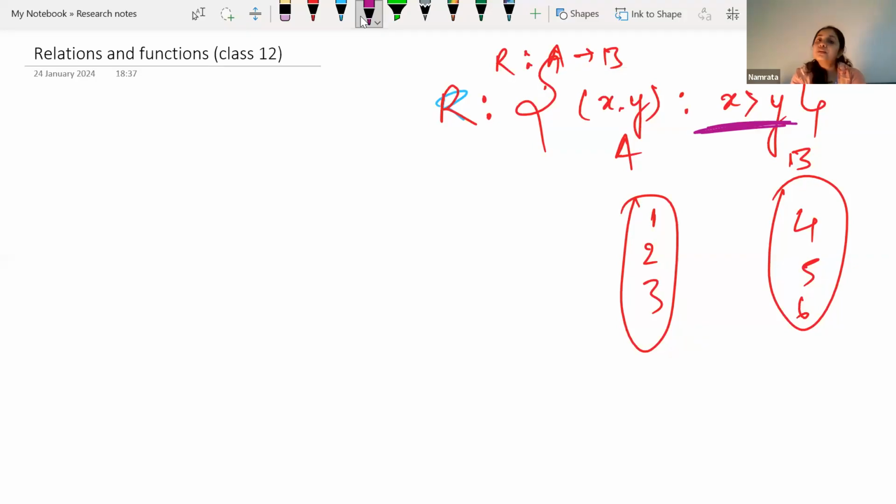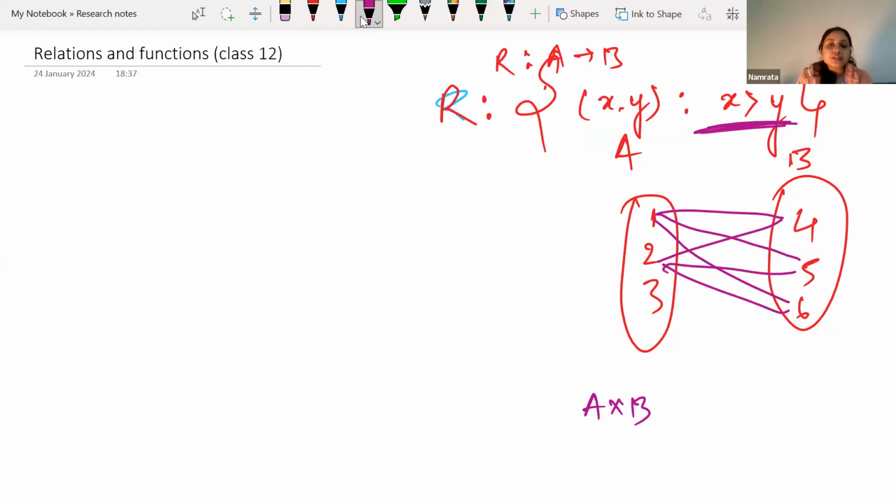Cartesian product, if you recall the concept of Cartesian product, it was A cross B. That means 1 with 4 we used to take, 1 with 5, 1 with 6, then 2 with 4, 2 with 5, 2 with 6, then 3 with 4, 3 with 5, 3 with 6.